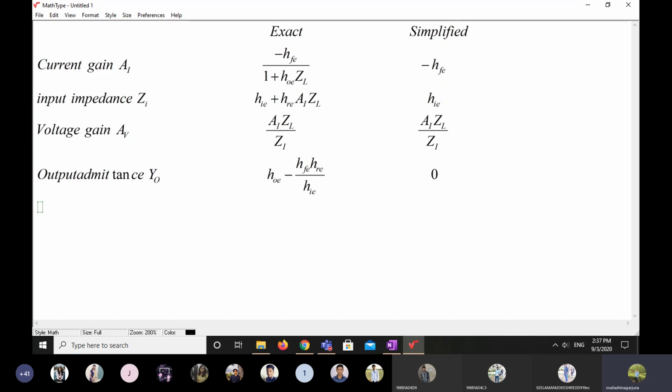Again, if you write with the source resistance, A is equal to A into Rs divided by Rs plus Zi.